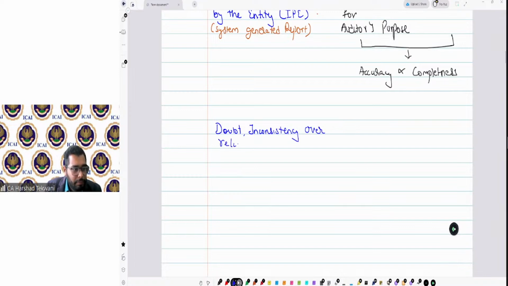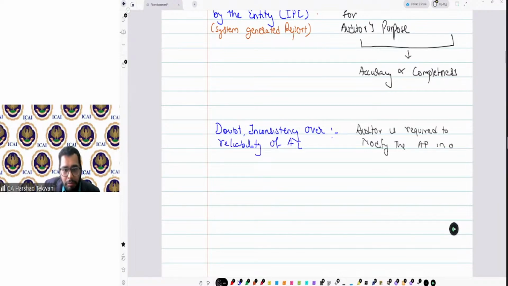In that case, the auditor is required to modify the audit procedures in order to gather more audit evidence, which can resolve the doubt or inconsistency.